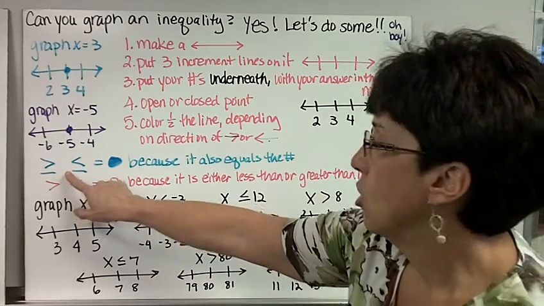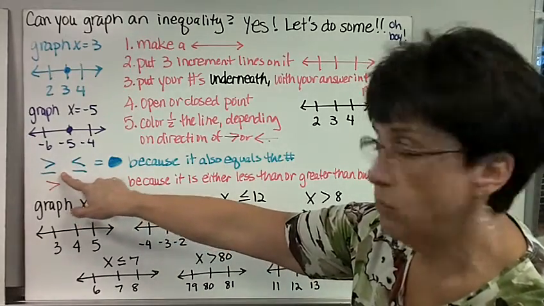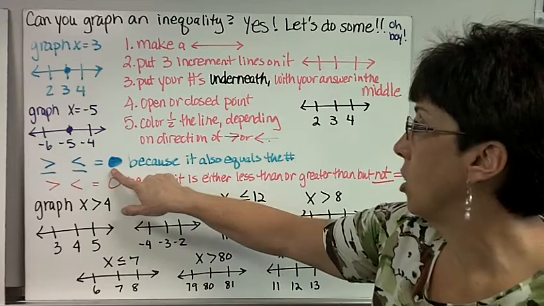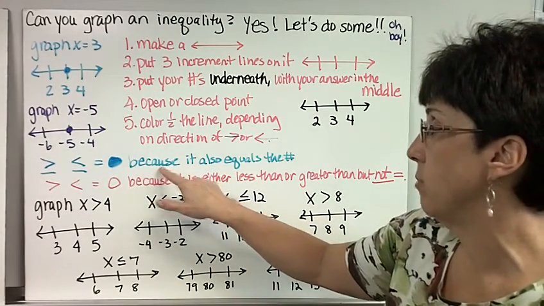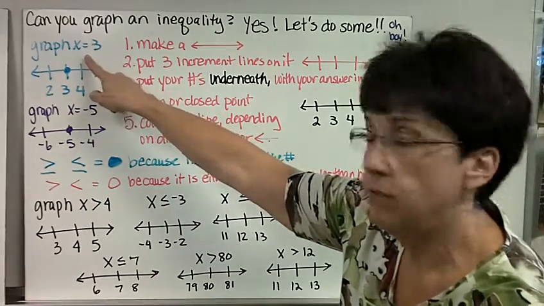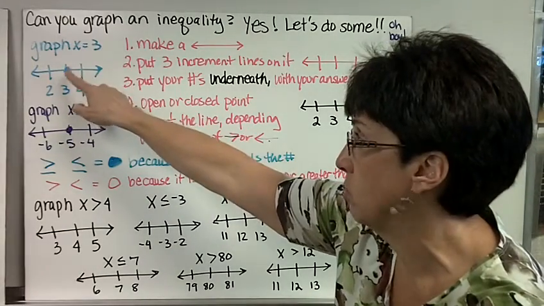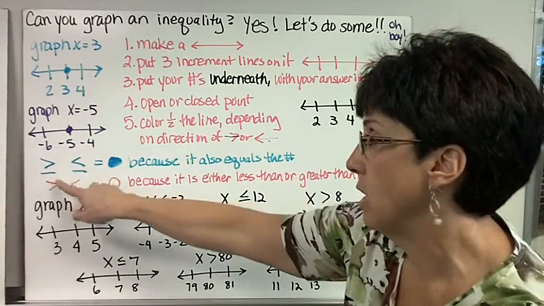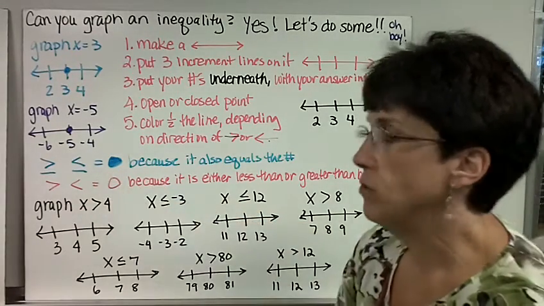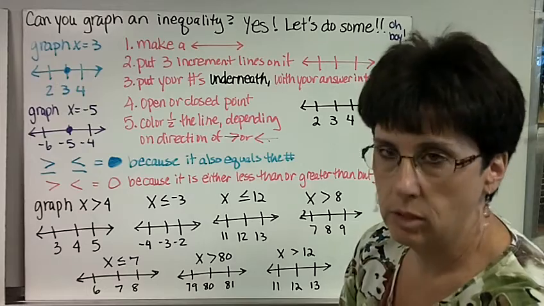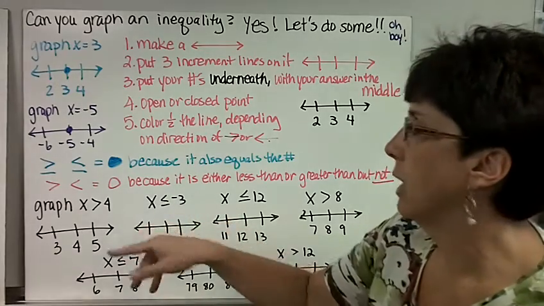So, greater than or equal to and less than or equal to, you have a closed point, a colored in point, because it also equals the number. So remember, if I was graphing x equals 3, I put a point at 3. So if it's greater than or equal to or less than or equal to, it's going to be a closed point. Now, if you're saying, I don't get it, just wait, you'll get it, okay? Just listen, you'll get it.